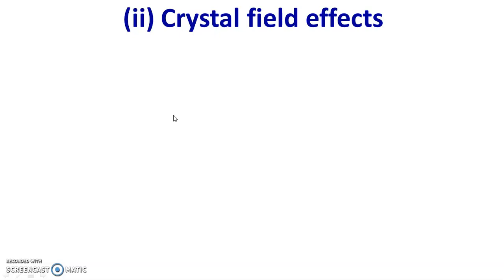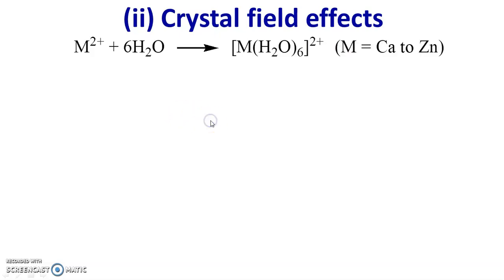Now consider these ions forming the aqua complexes. M2+ combines with 6 H2O, that is water ligands, and there is a formation of [M(H2O)6]2+, hexaaqua metal complexes, where the metal is calcium to Zn.